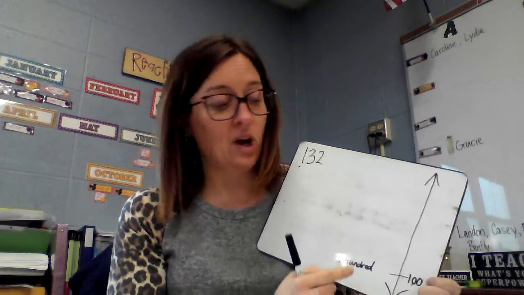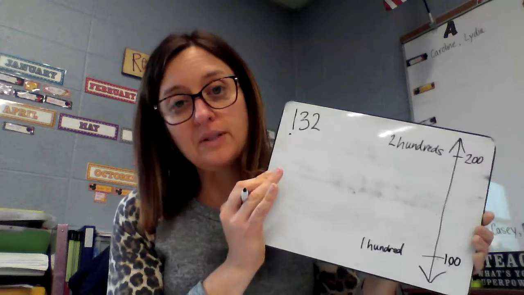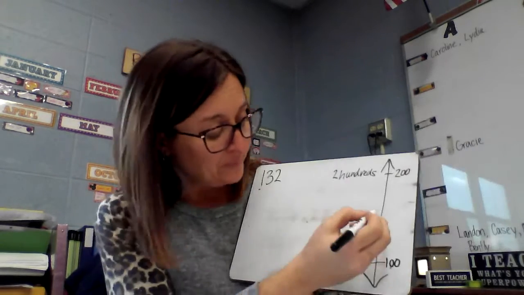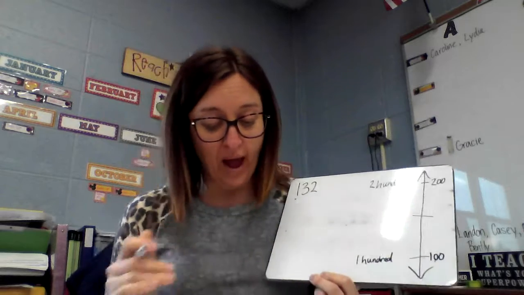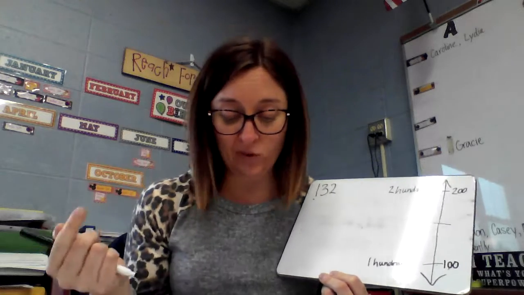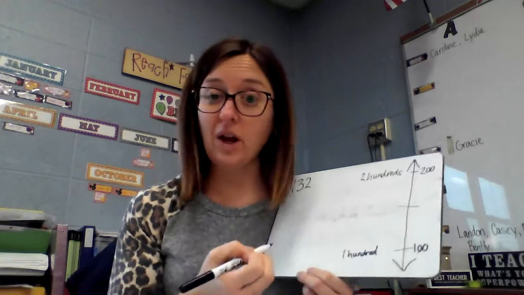So 1 more than 100 is 200s, or 200. And then just like we did when we were rounding to the nearest 10, we need to find our halfway point. Halfway between 100s and 200s is 150.